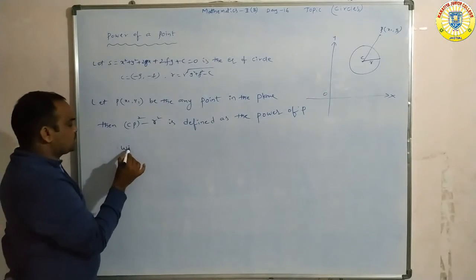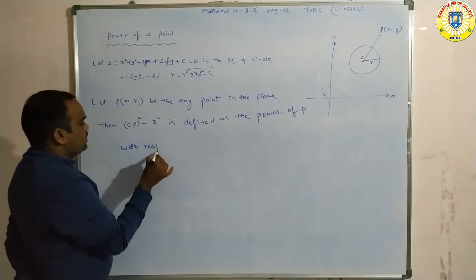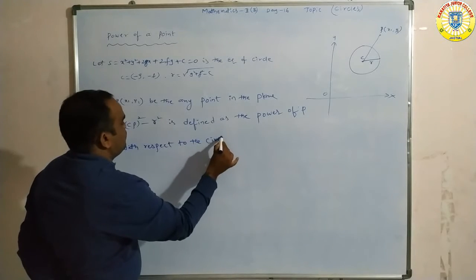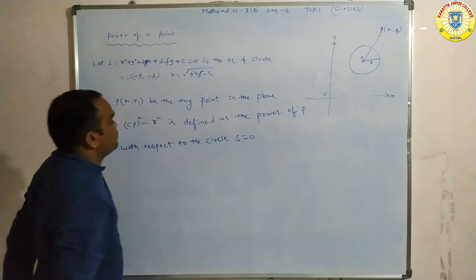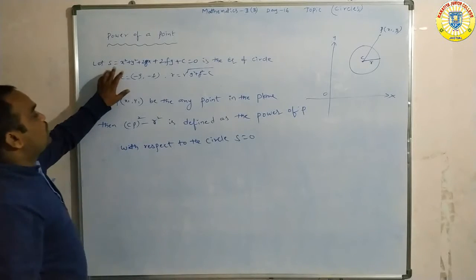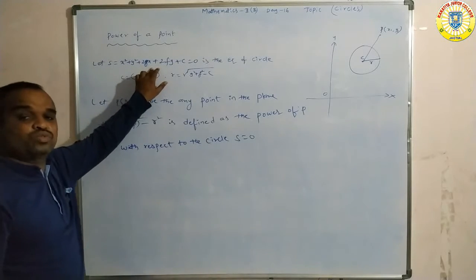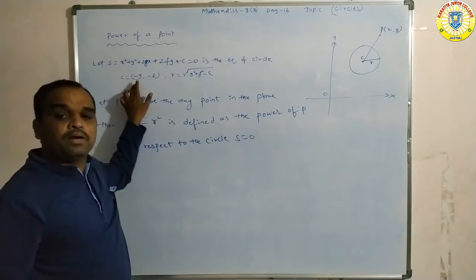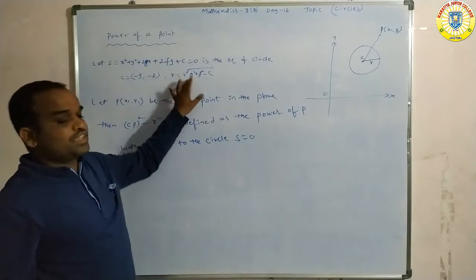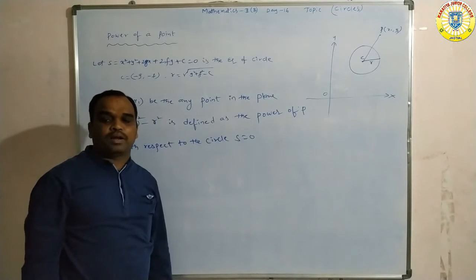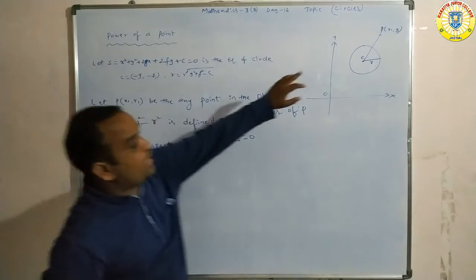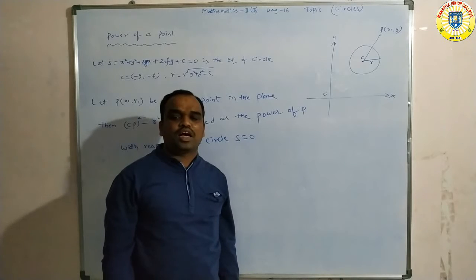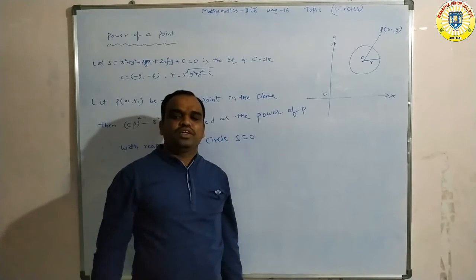Here, with respect to the circle S equal to 0. Again repeating: S equal to x square plus y square plus 2gx plus 2fy plus c equal to 0 is the equation of the circle. Center is minus g comma minus f. Radius is under root of g square plus f square minus c. We take P of x1 comma y1 as any point in the plane.